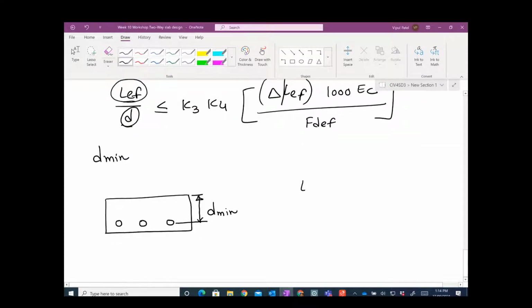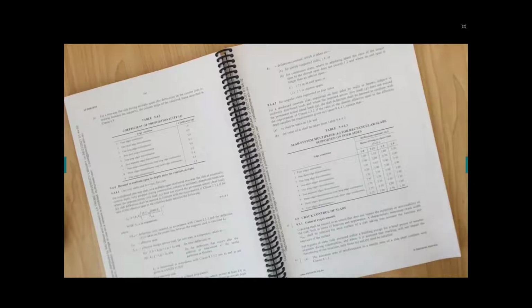Watch, if someone wants to calculate L effective, you can calculate that simply by doing this.